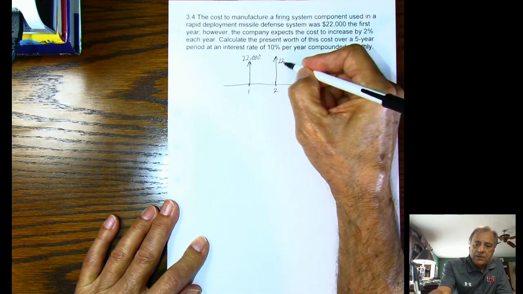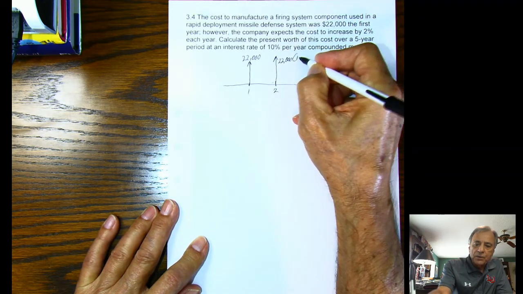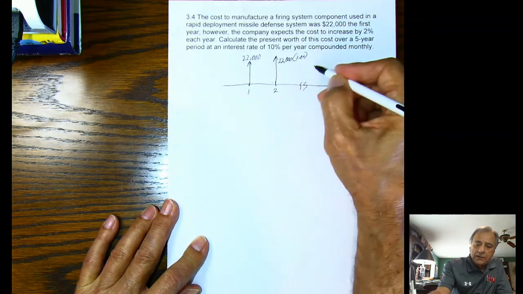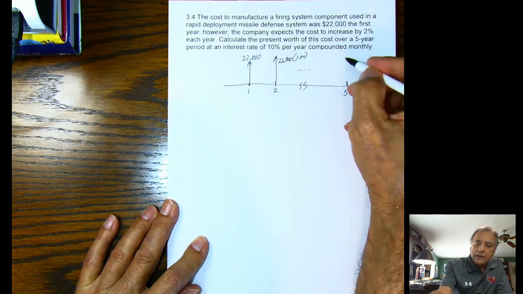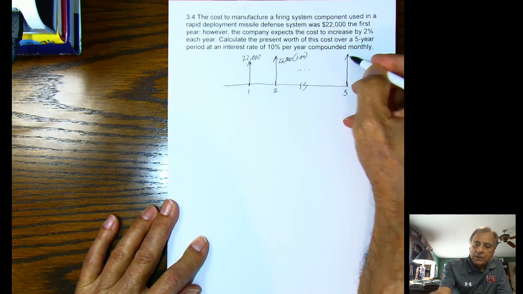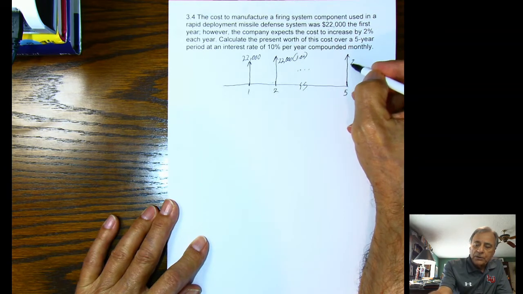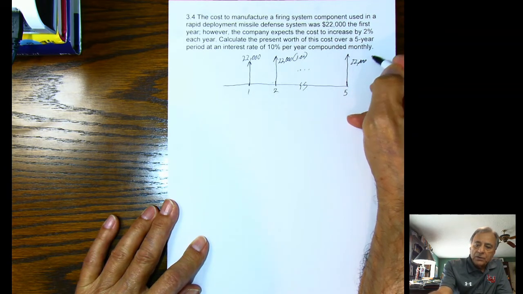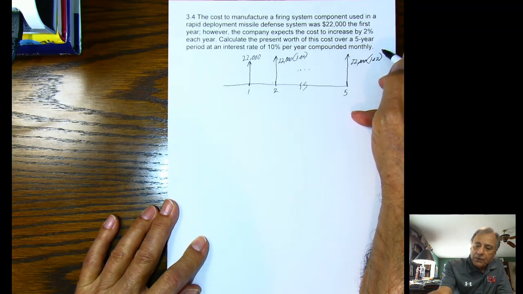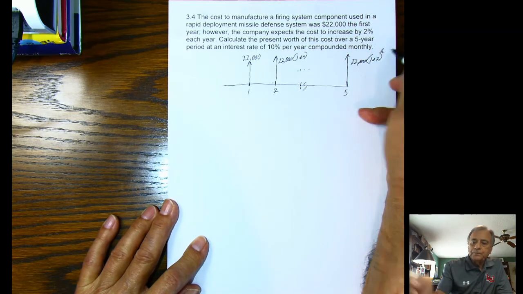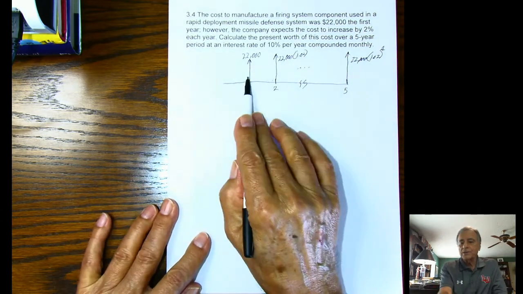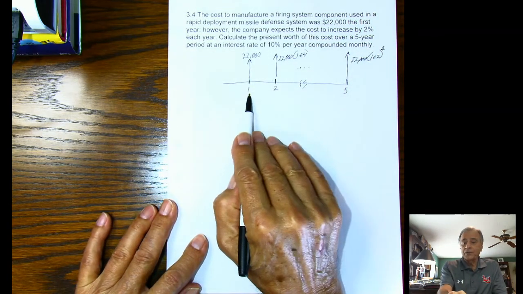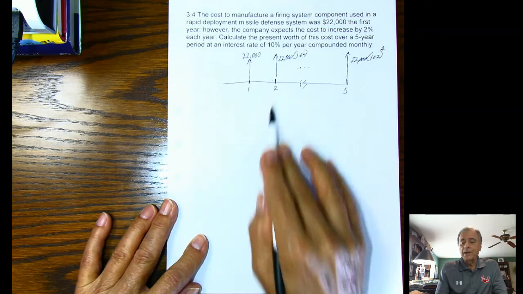So the next one will be 22,000 times 1.02, and so on across there up to the last one, which would be 22,000 times 1.02 to the 4th power, not 5th power, because this is to the 0 power when the first one, second one is to the 1 power, and so on.